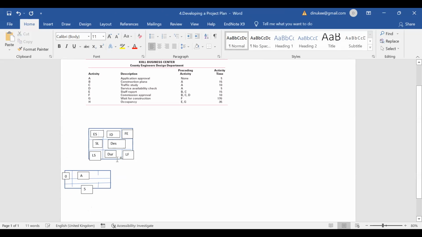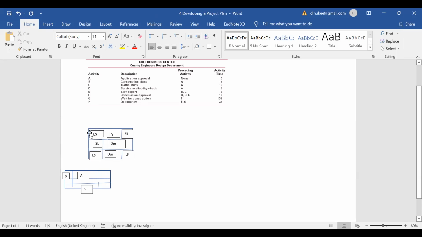After you get the early start time and put in your duration, you can take the early finish time. The description is also given as application approval, so this description can also be put in this column here. I am not going to put those things, but in the examination, you have to enter all these details.